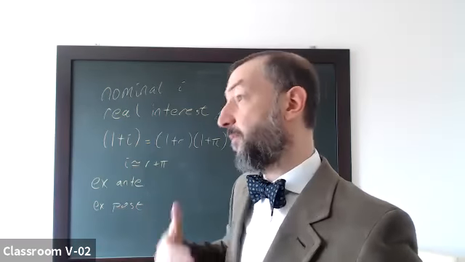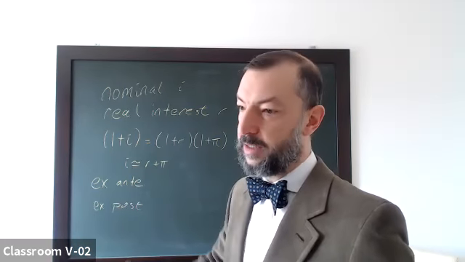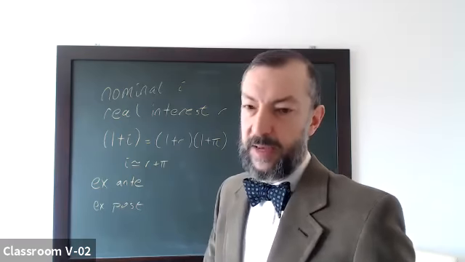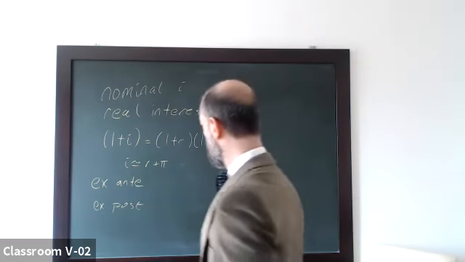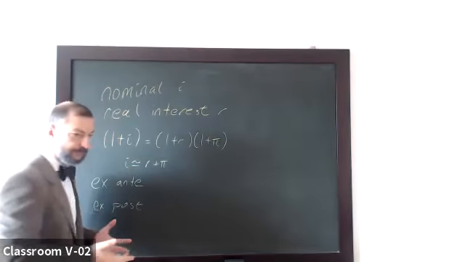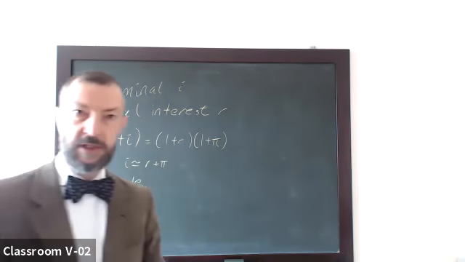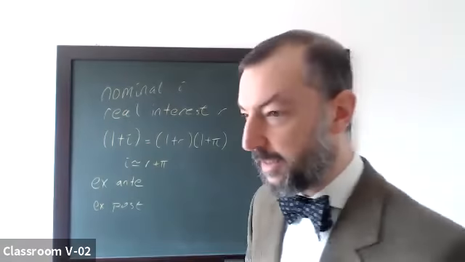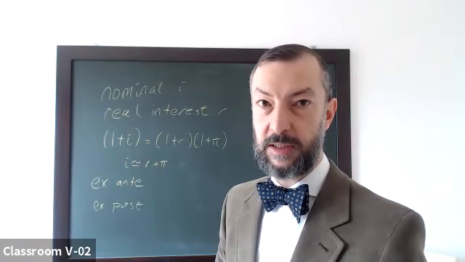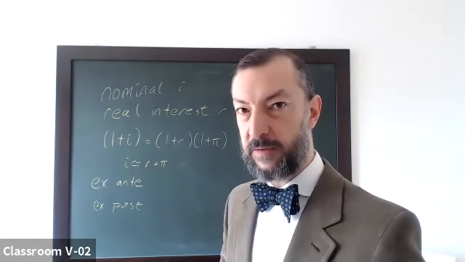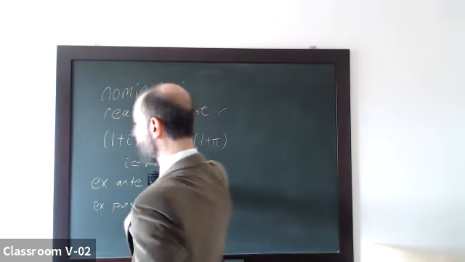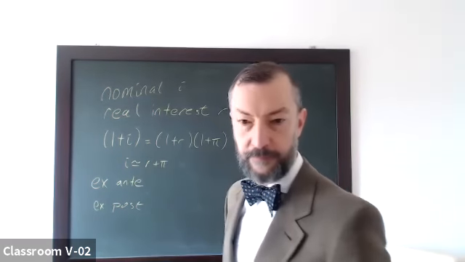You see that, okay, I'm paying 10% interest. And at the end of the period, when you pay, you are paying 10% interest, okay? So the nominal interest rate is always the same. But the real interest rate changes, okay? Ex ante, we do not know the real interest rate. We have an expected real interest rate based on expected inflation, right?